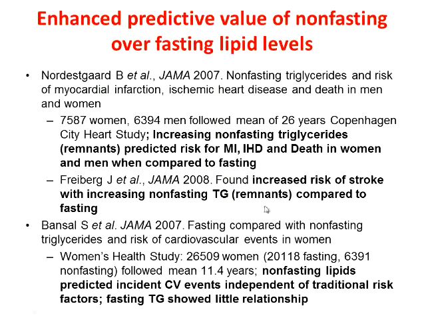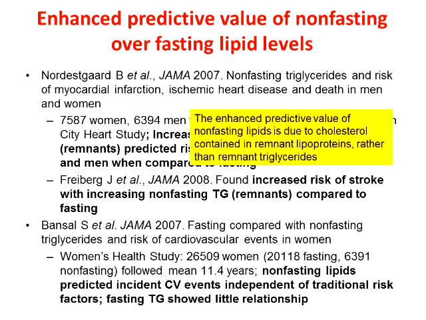Interestingly, it's not how much triglyceride is in those remnants, it's how much cholesterol is in them. So the measure of increase is in the triglyceride, but it's not the triglyceride that's atherogenic, it's the cholesterol in the remnants. And that's indicated here. And so this study, for example, actually measured remnant cholesterol and found that that was the predictor of the risk, not the triglyceride level.